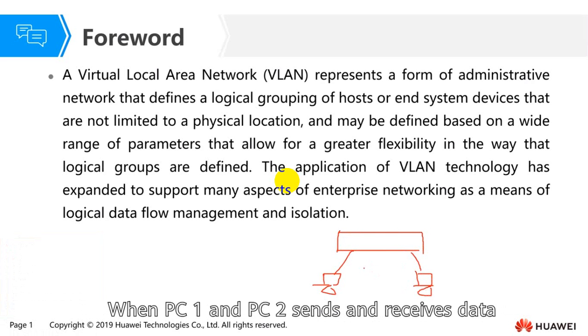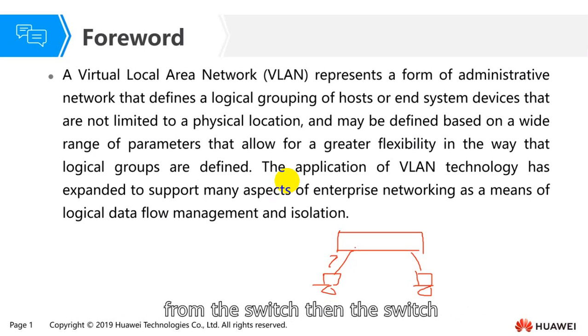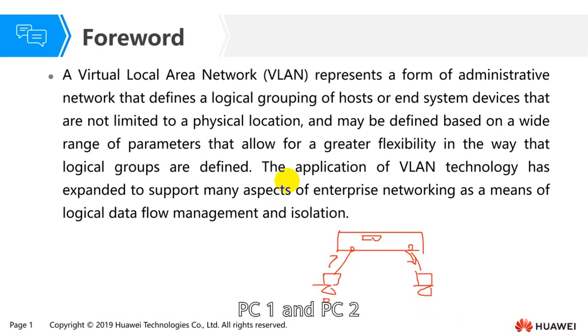When PC1 and PC2 send and receive data through the switch, the switch will store it in memory, and then send it out when the link is idle. So these two PCs will not collide under any condition.